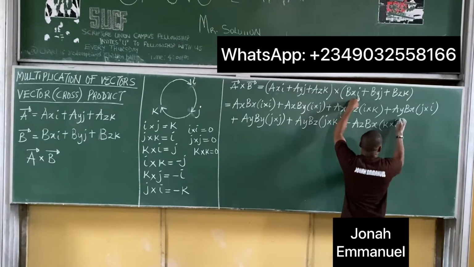So we have this. If I substitute values, AX BX, I cross I, we said is 0.